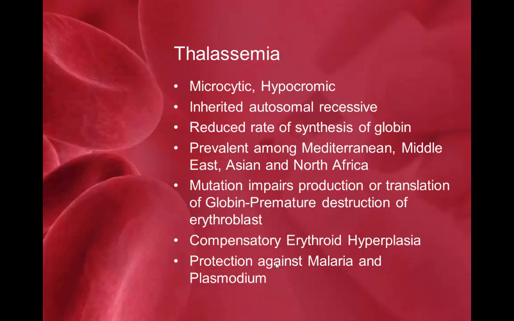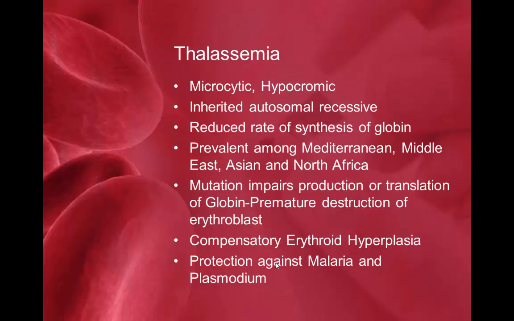The pathophysiology is that basically it's a hemoglobinopathy. It is one of the most common inherited disorders of hemoglobin production. That's the reason why we're studying it, even though it's very common in the pediatric population.